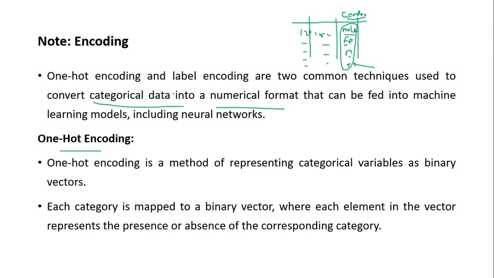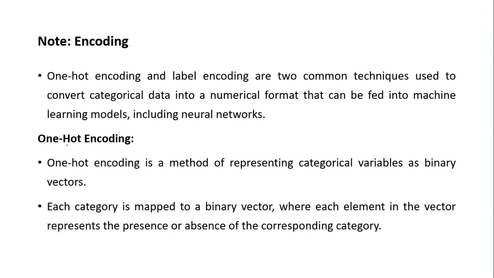So we need to convert this categorical data into numerical format. Instead of female and male, if we convert them into a zero for male, a one for female, and a two for transgender, it would be nice for a neural network to perform. For that purpose, we need to have some encoding procedure.